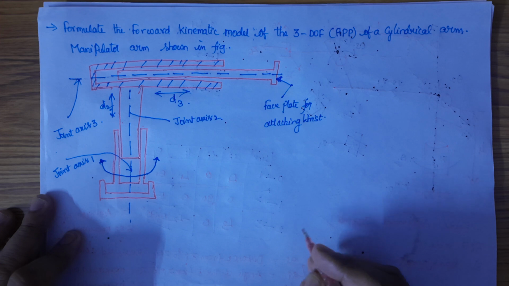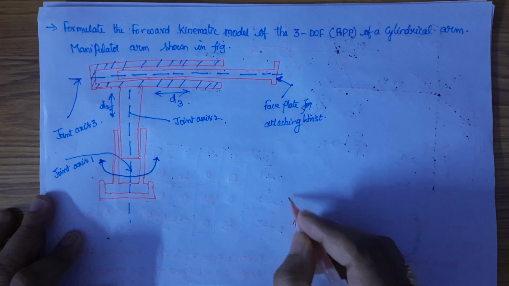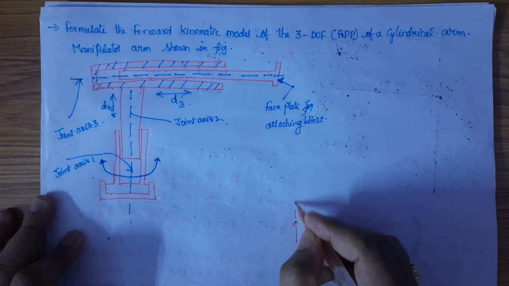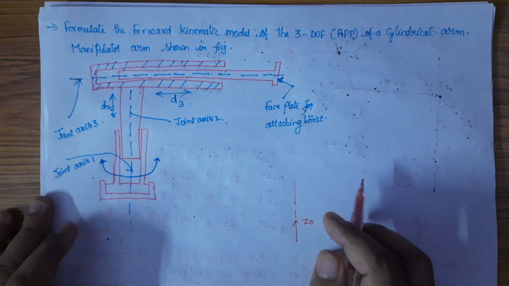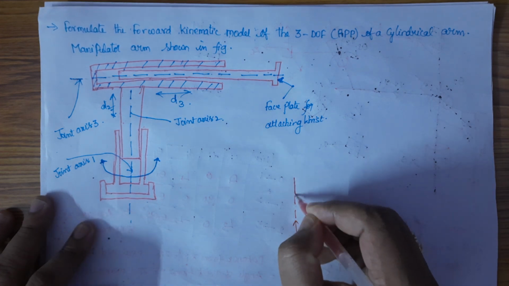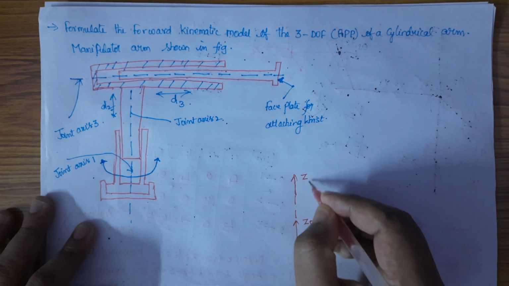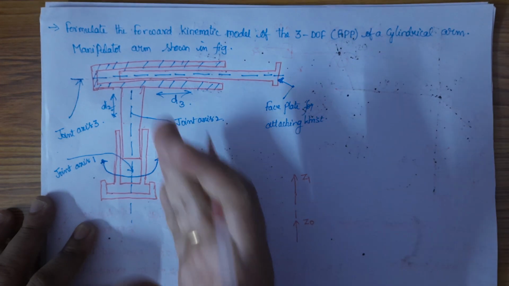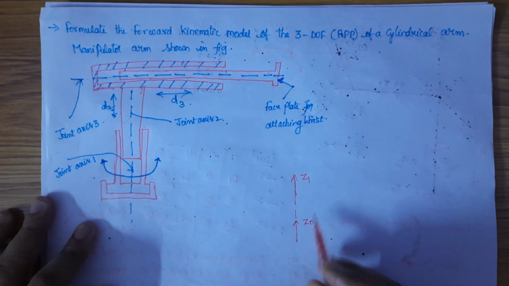We'll be having a base frame, which will have Z0. We'll also have a joint axis, Z1. Here the rotation is like this, so that's why we'll be pointing Z0 in the upward direction.